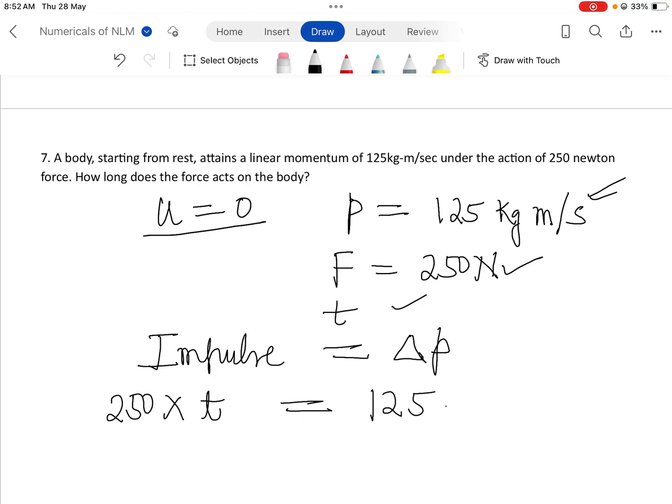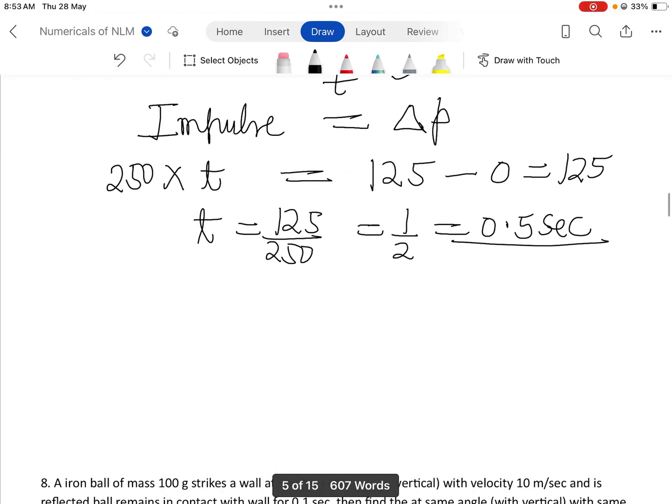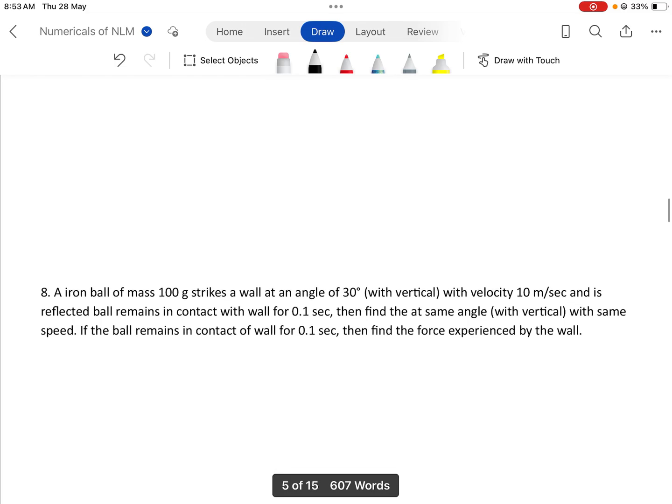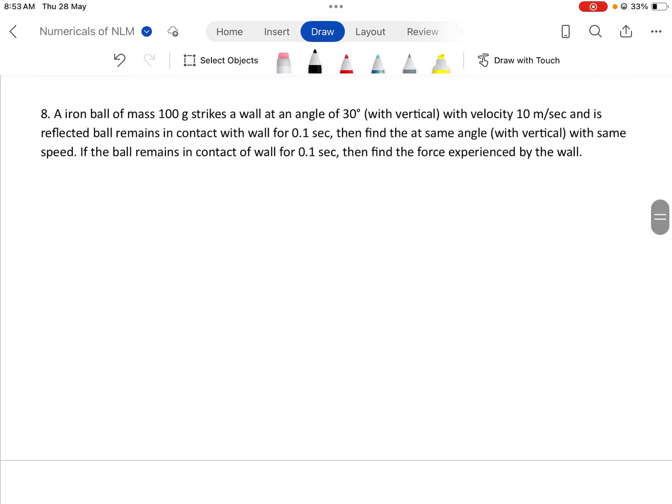Final is 125, initial is 0, that is 125. So what will be T? 125 upon 250, that is 1 by 2, that is 0.5 second. It will be 0.5 second. Now from question number 8 I will tell afterwards.